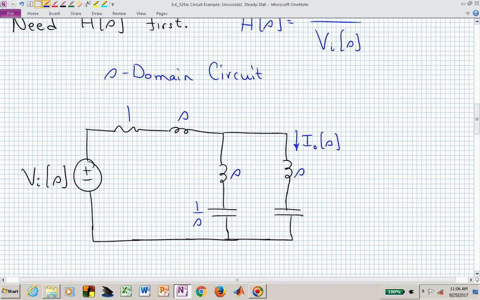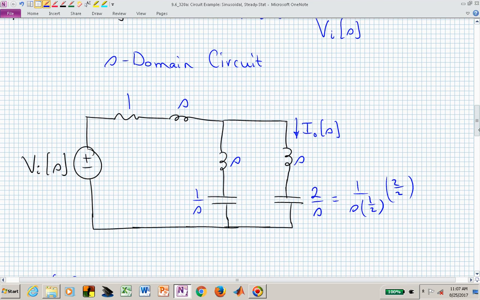That 2 in the denominator can actually jump upstairs so that we now have the impedance of that capacitor is 2 over S, where this is now 1 over SC, and I've simply multiplied by the magic number 1, 2 over 2, to obtain 2 over S for that impedance of the second capacitor.